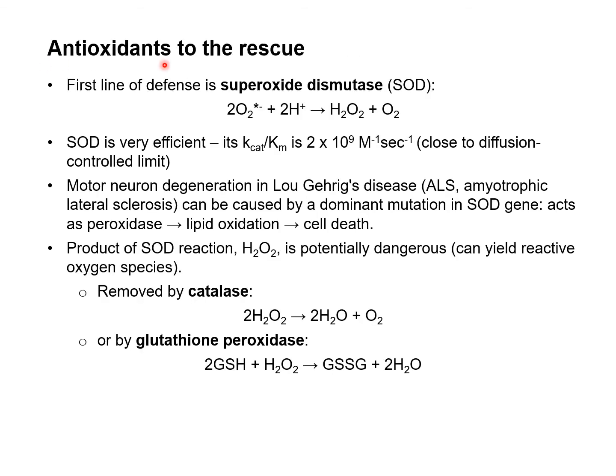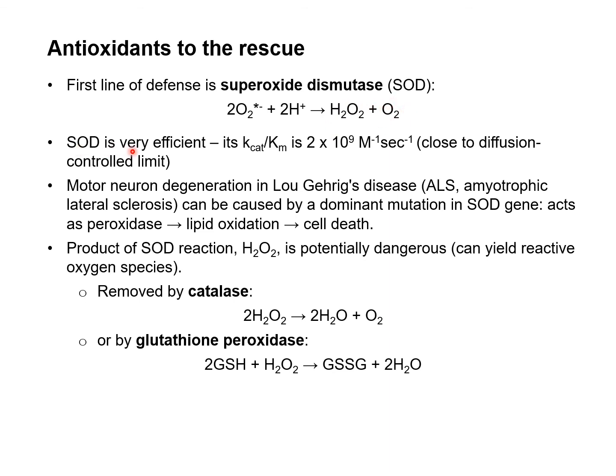And there are antioxidants that remove such free radicals. The first line of defense for removing free radicals is superoxide dismutase, or SOD. It catalyzes the reaction where the superoxide is converted to hydrogen peroxide and oxygen molecules.